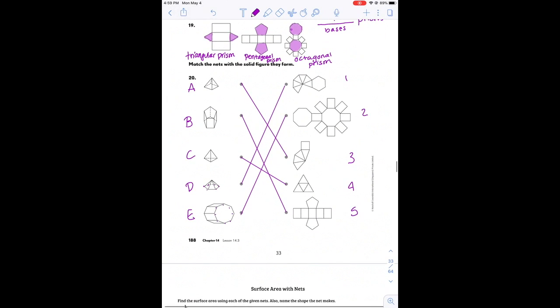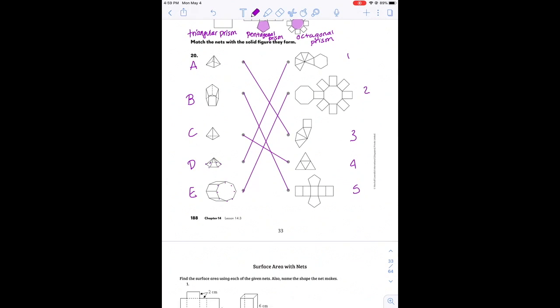The last thing we're going to do is name all of these. I'm going to give you a word bank, and you're going to match them up. So I'm going to write down your word bank for you. I see a triangular pyramid in this list. I see a pentagonal prism in the list.